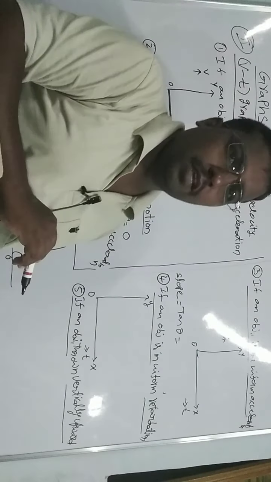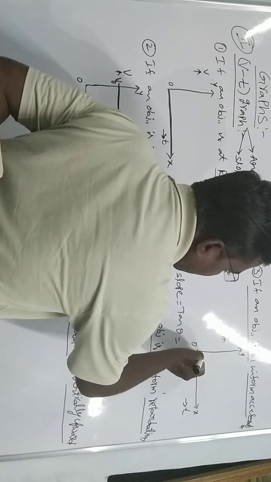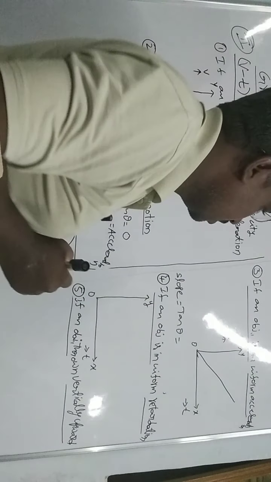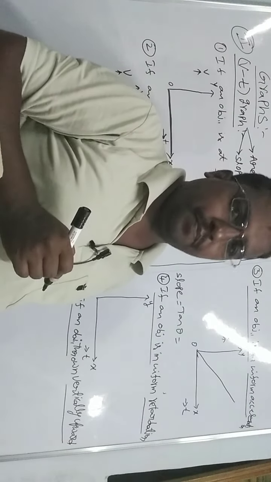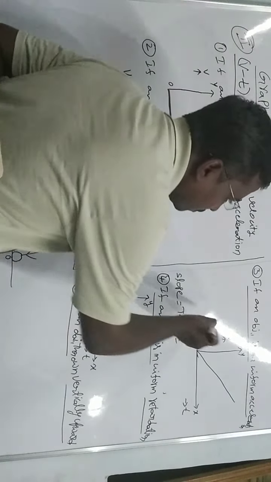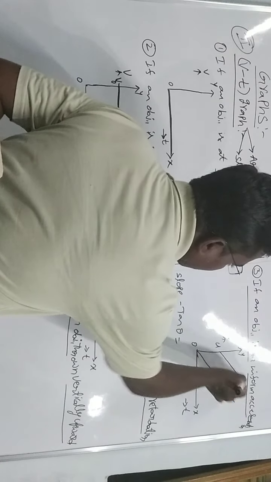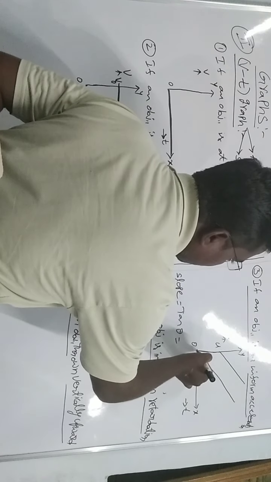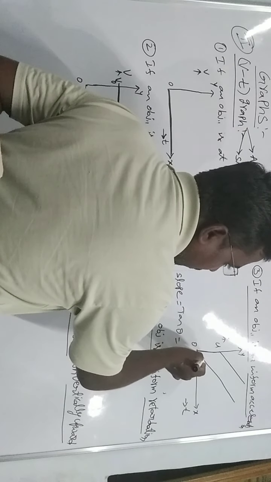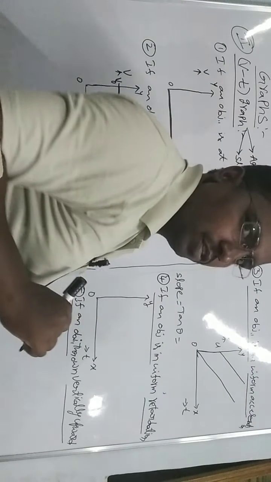That is, as time increases, velocity also increases linearly. In this situation, the graph is a straight line from the origin. If the object moves with some initial velocity u, the graph is a straight line starting from u. If the starting velocity is 0, the graph starts from the origin.